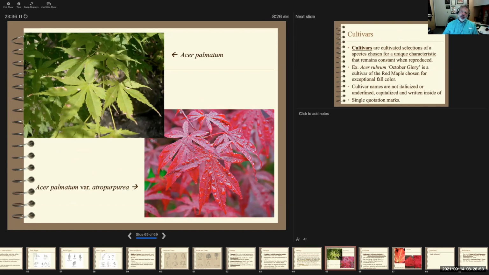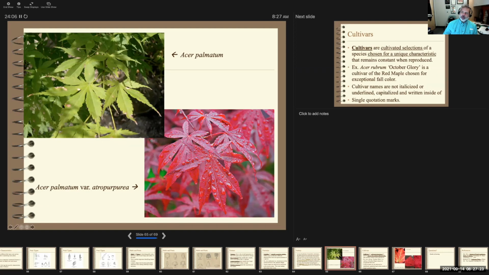The Japanese maple, Acer palmatum, is native from Japan through the Korean peninsula all the way over into China, if you can picture that map in your head. In most of its natural distribution, it has these green leaves like this. But there are pockets where you can find a red or purple-leaved varietal of Japanese maple, and that's actually been given a different scientific name.